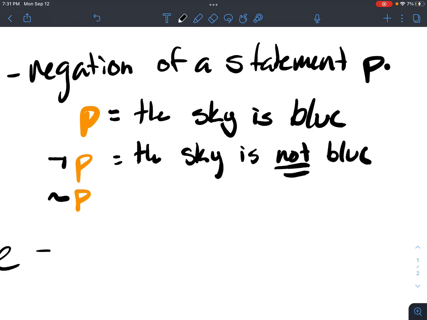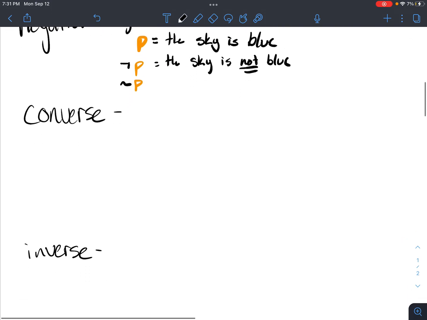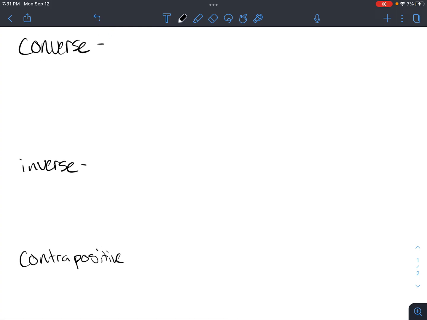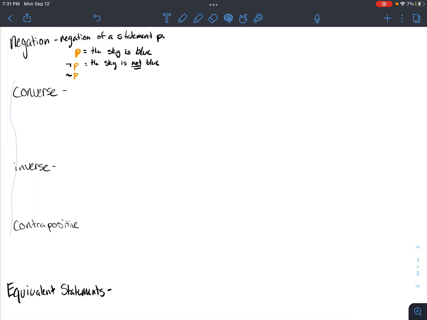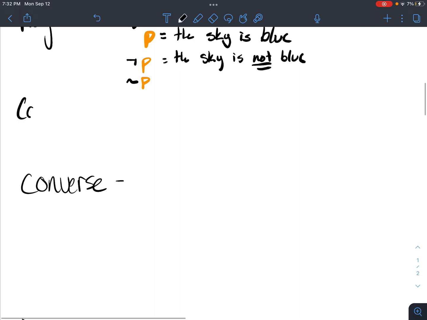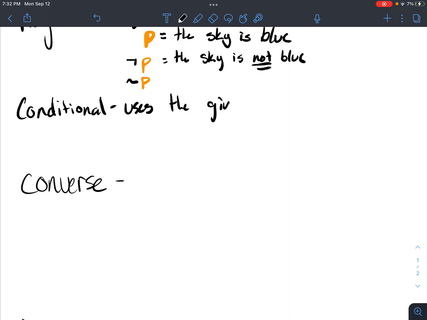So now we get into how we can look at a statement. I'm missing a note here. So the first thing that we're going to talk about is the conditional. And the conditional uses the given hypothesis and conclusion.